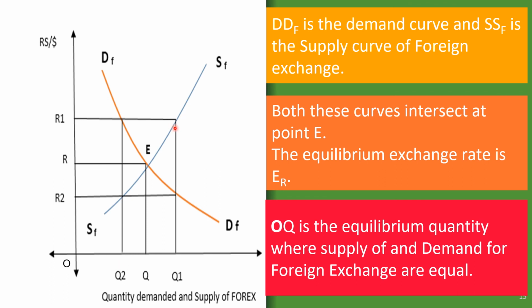However, the supply of US dollars is more, that is OQ1. Conversely, if the rate goes from $1 equals 70 to $1 equals 65, then at this rate, the supply of US dollars will be less, that is OQ2, and the demand for US dollars will be more, that is OQ1.